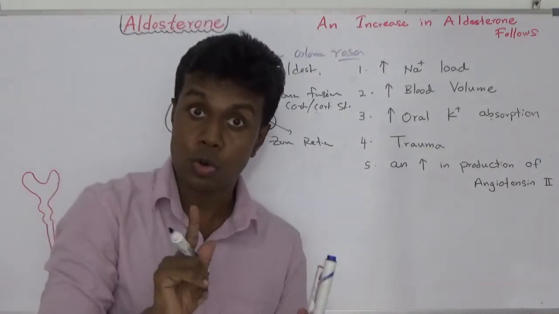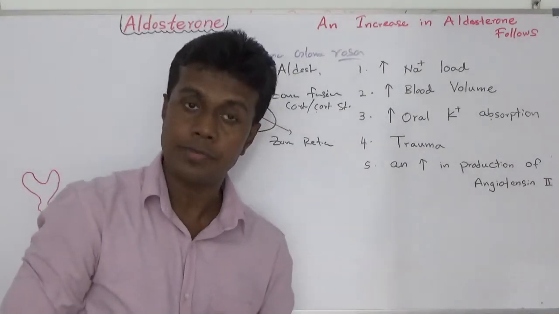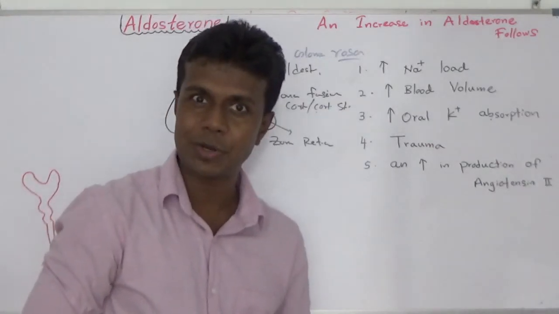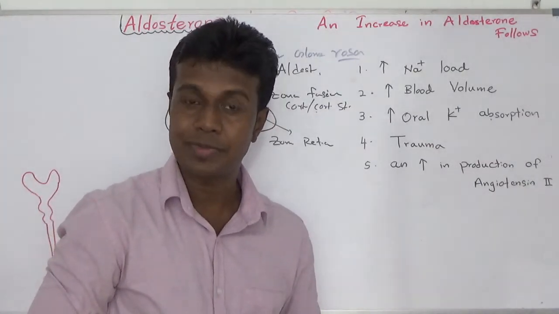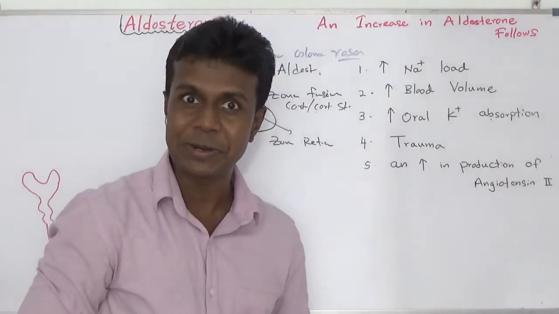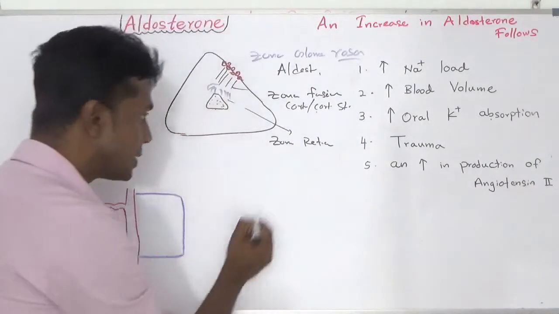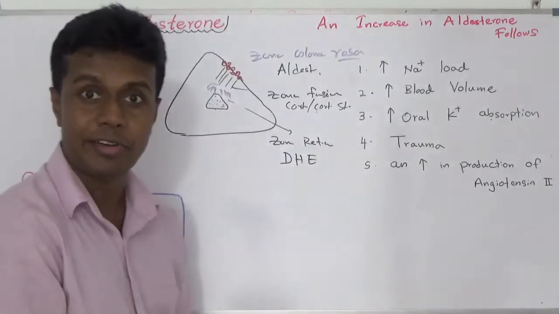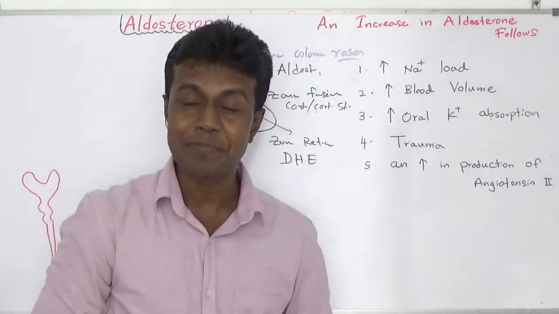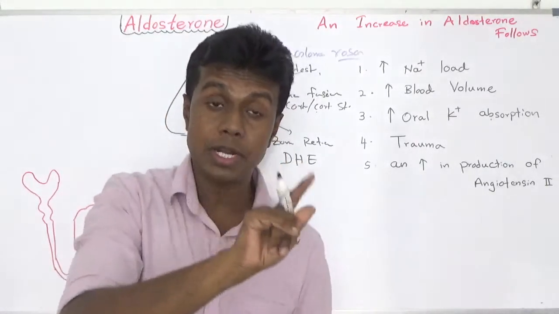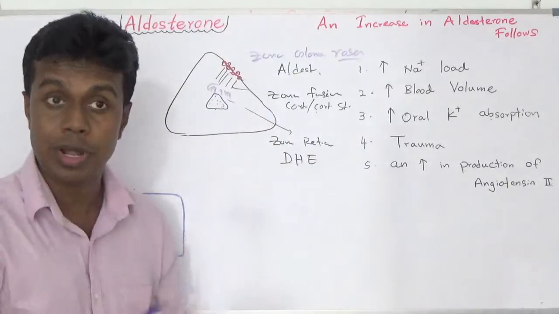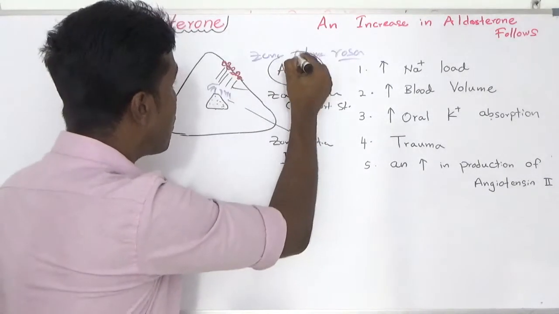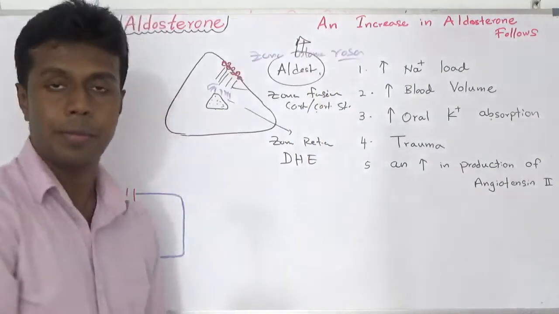No surprise, the innermost or hidden part secretes sex hormones. Usually the sex part is hidden. The hidden part secretes the sex hormone dehydroepiandrosterone, which is secreted by your zona reticularis. Now you know how and from where aldosterone comes.